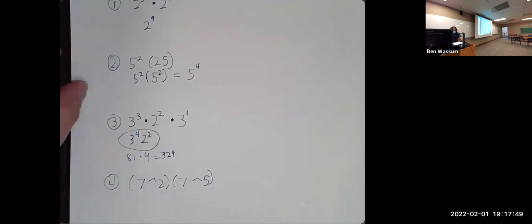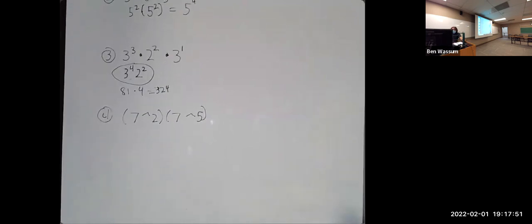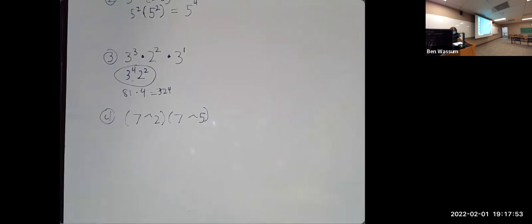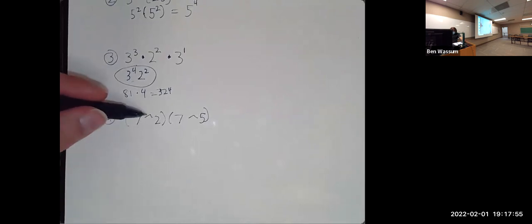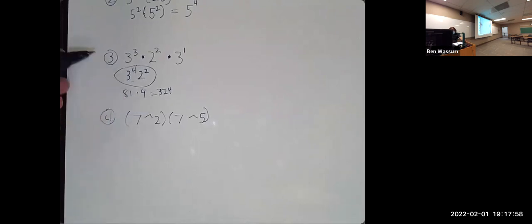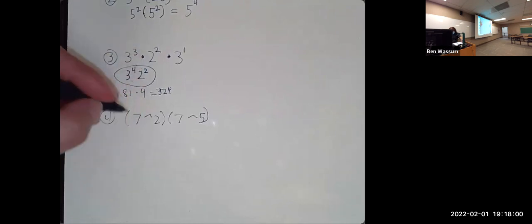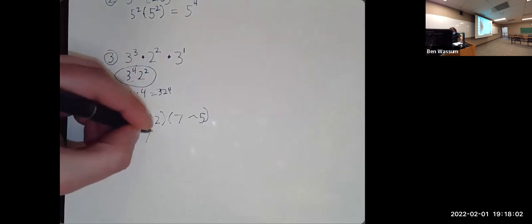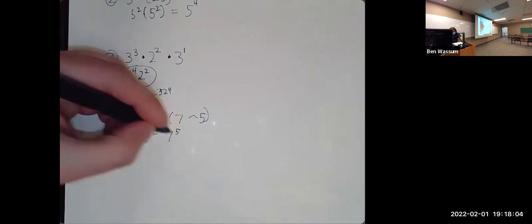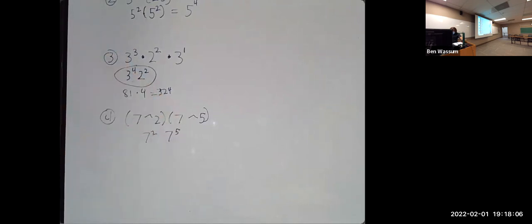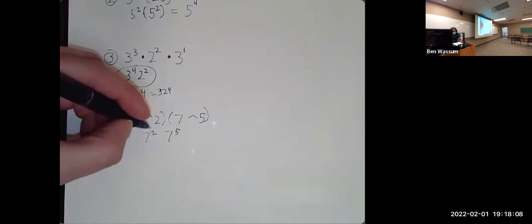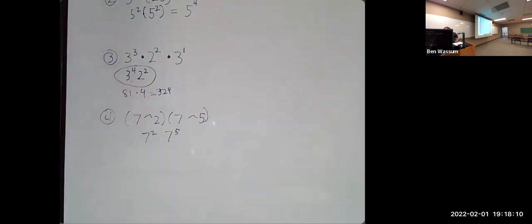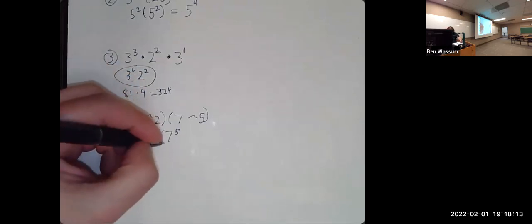Now, number 4, I wrote this out with the caret because I wanted to show you guys again that this is identical to that. Completely identical, doesn't matter. I can have my parentheses still there.